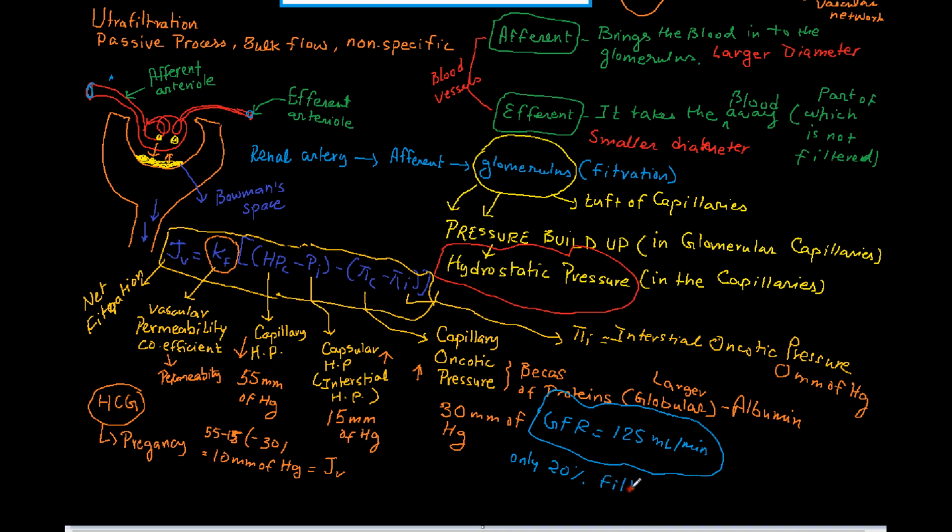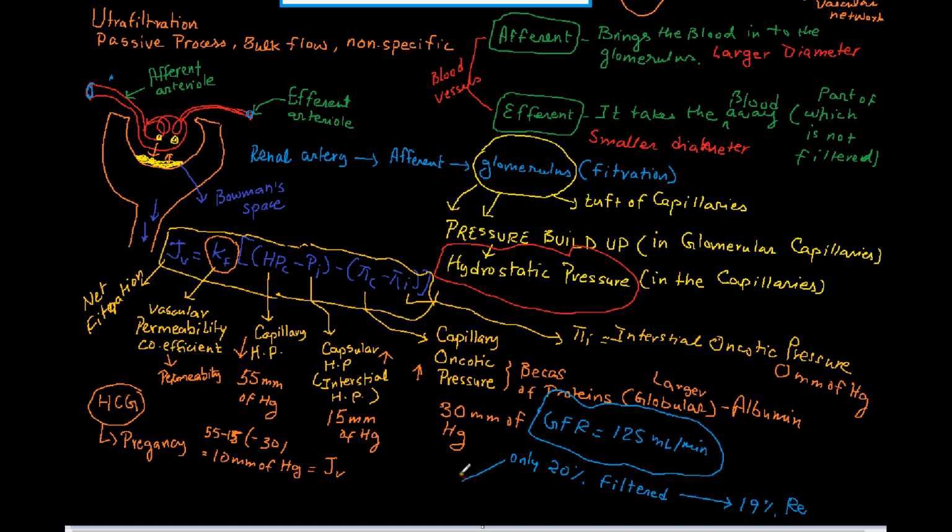That's plasma basically, minus the globular proteins. So 20% is filtered. That's the filtrate. And out of this 20%, 19% approximately is reabsorbed.